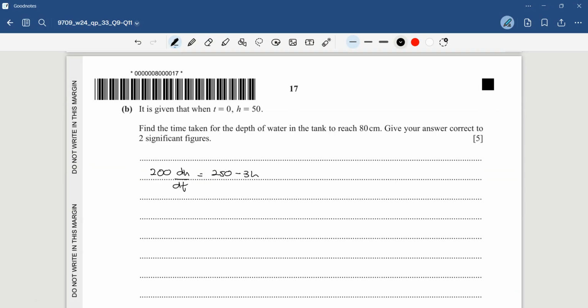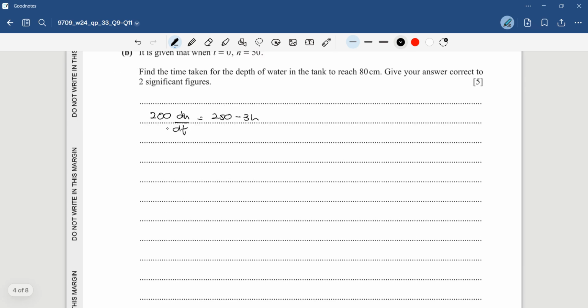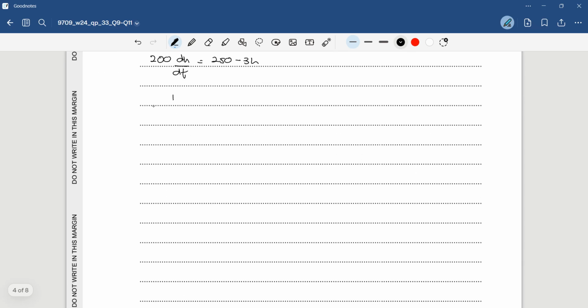Okay. So now we need to find h in terms of t first, and then we need to substitute h equals 80 to find the t. So it's going to be 1 over 250 minus 3h dh is equal to 1 over 200 dt.